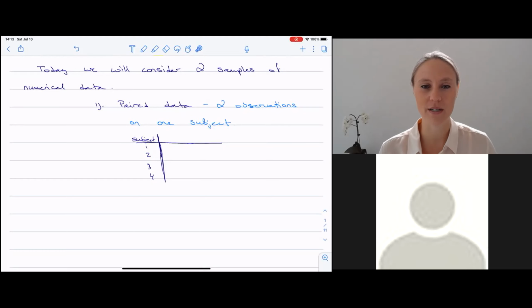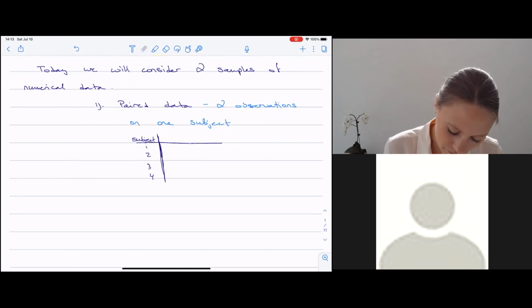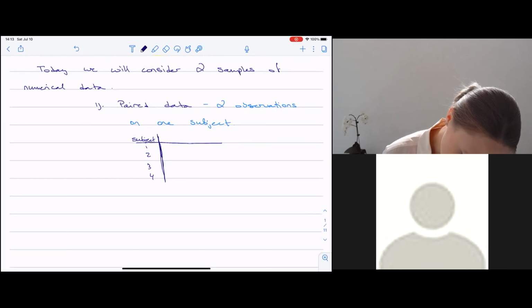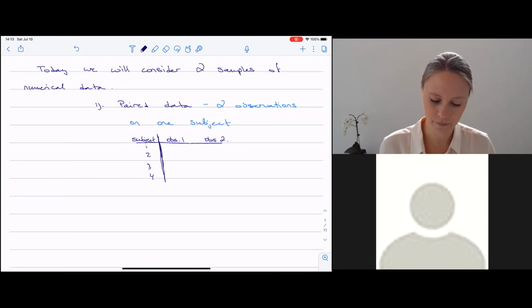It works for a lot of different scenarios. And then here we have observation 1. Maybe here I'll say obs 1 and obs 2.